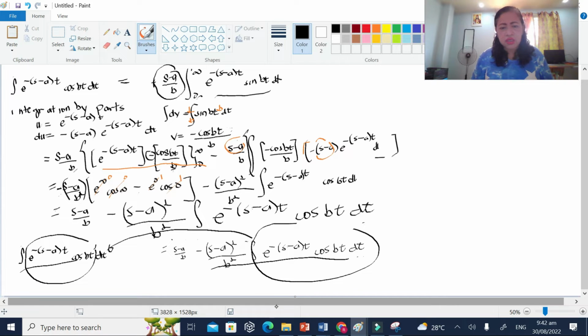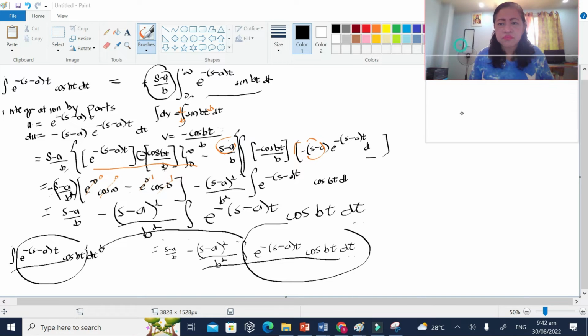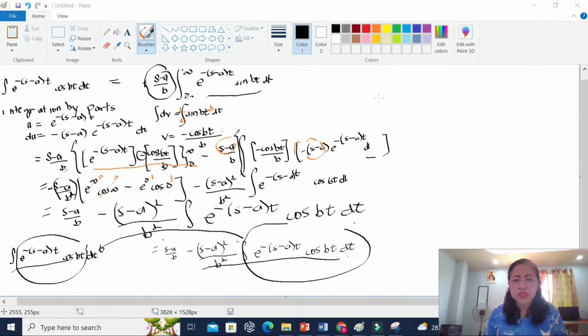So, yan. Okay. No? So, ang mangyayari, matitira, pwede ko siyang gawing 1 plus, okay? Magiging plus to kasi negative na tayo, magiging plus to sa kabila, okay?